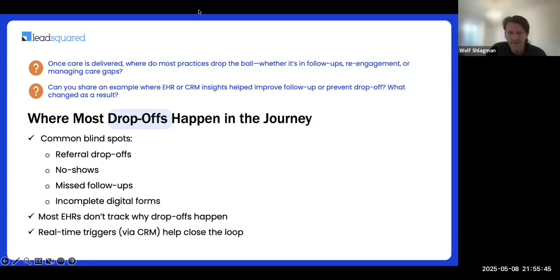It just can't happen. So if someone doesn't show up, there's got to be an automation that reaches out to the person, an hour before, 15 minutes before: are you ready for your appointment? Those kinds of things, to make sure you're not wasting a provider's time, because the provider's been booked, right? Be it telehealth or even in person, and the person doesn't show up.